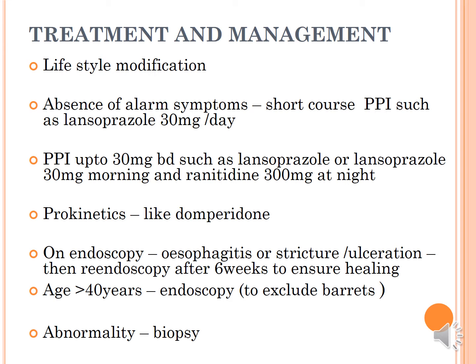We can also give prokinetics like domperidone, and if endoscopy shows esophagitis, stricture or ulceration, then re-endoscopy after 6 weeks to ensure healing. At age more than 40 years, endoscopy is always advised, and if there is some abnormality, then we have to go for biopsy.